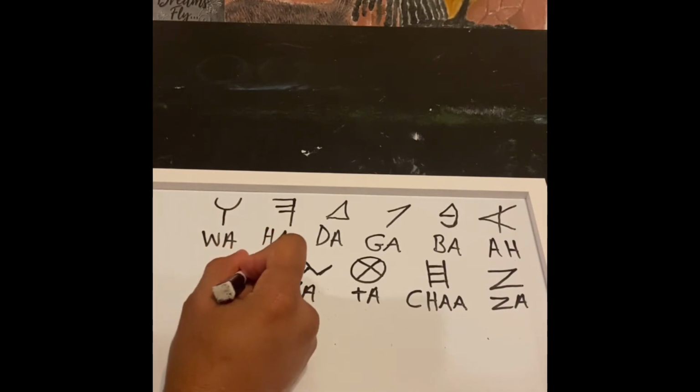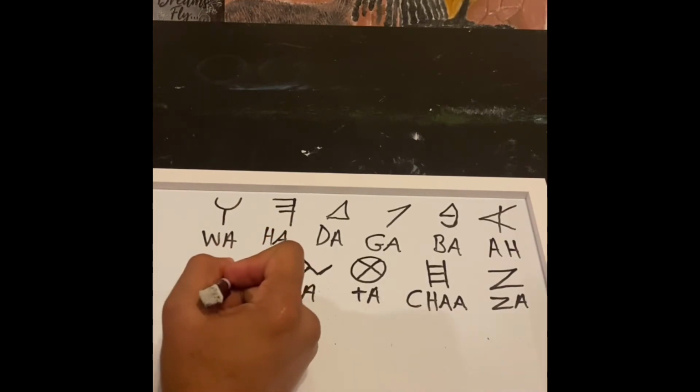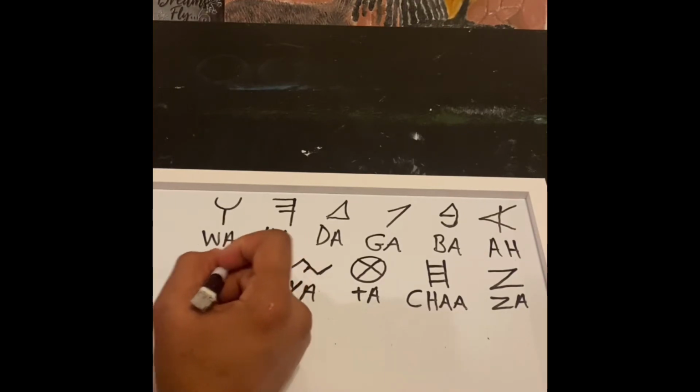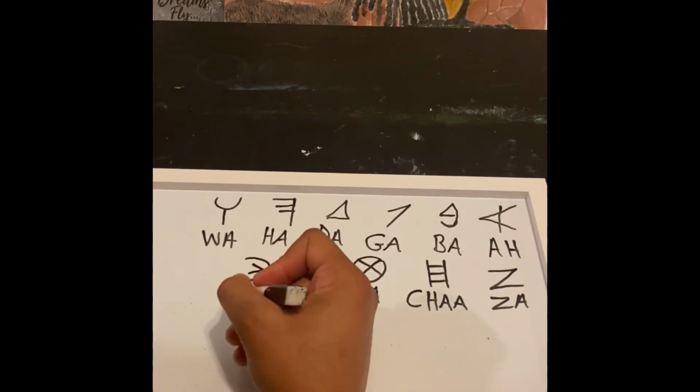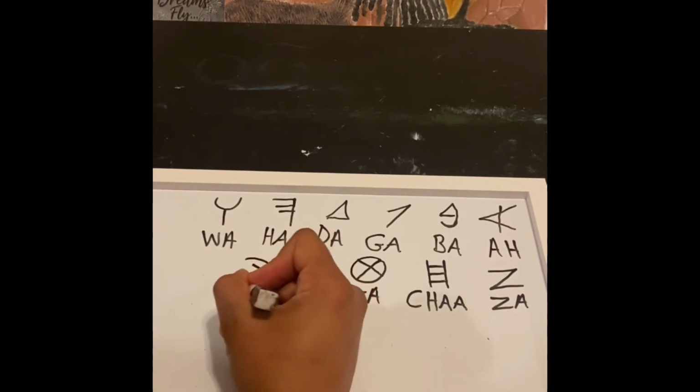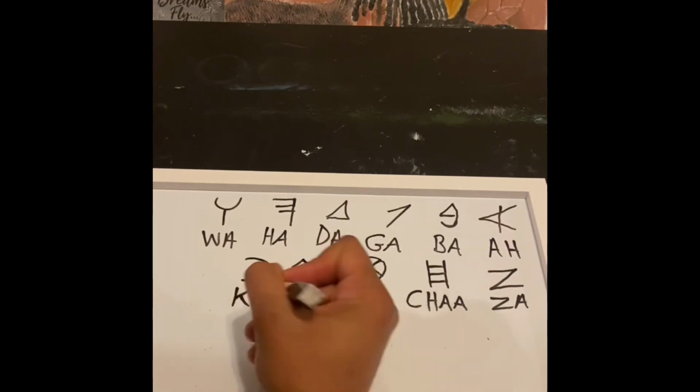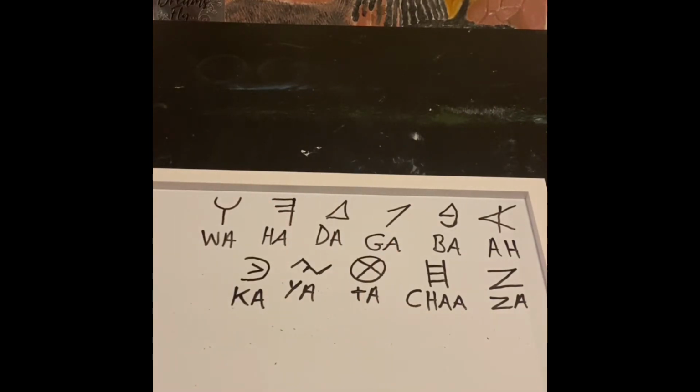This would be how you write the character Ka. And the character Ka means palm of hand, or to open.